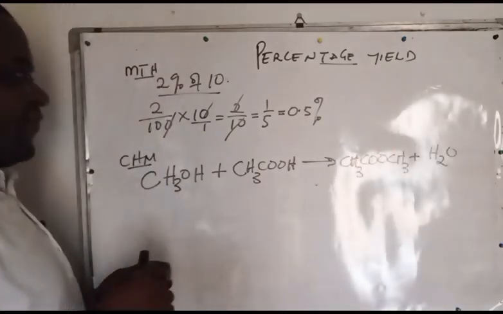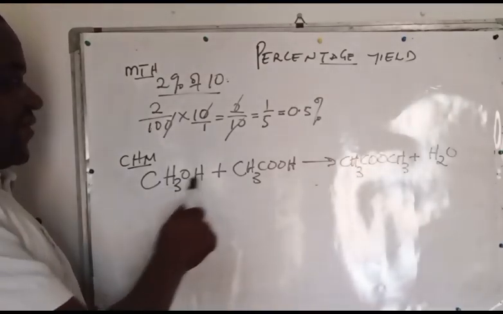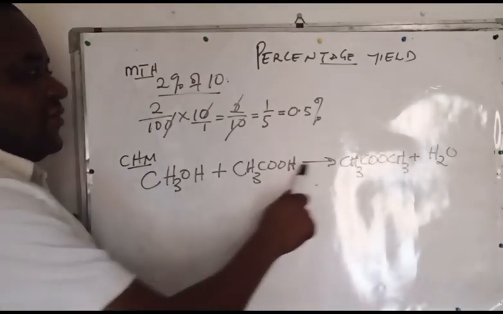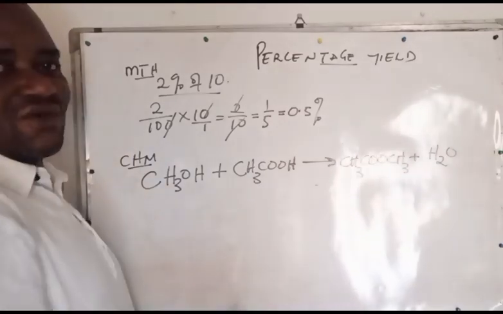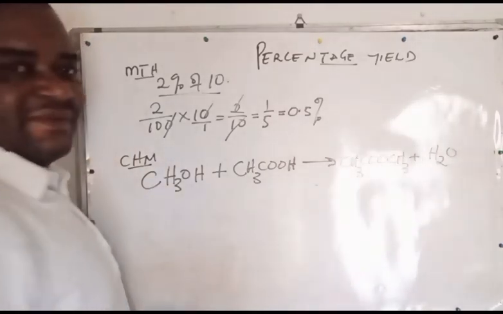This is ethanol reacting with ethanoic acid to give us an ester, which is called methyl ethanoate, and water.